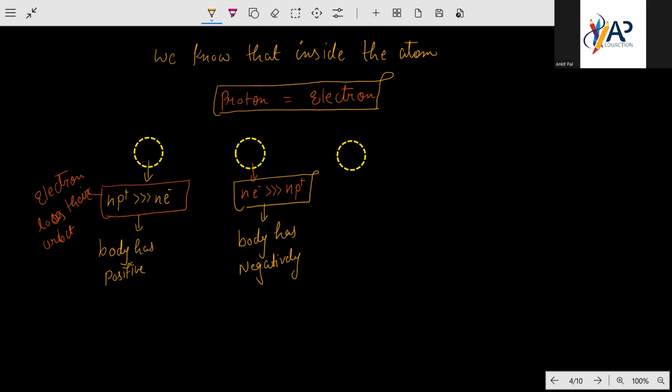Now, suppose this is a neutral body. It means the number of protons is equal to the number of electrons. If the values are equal, then we can say the body is neutral.